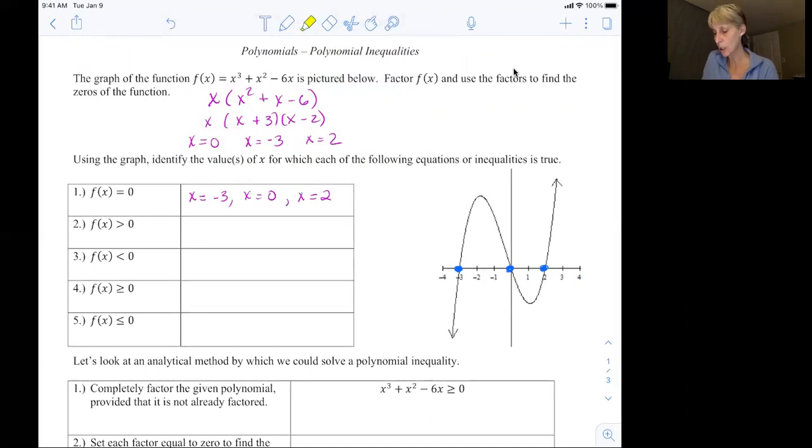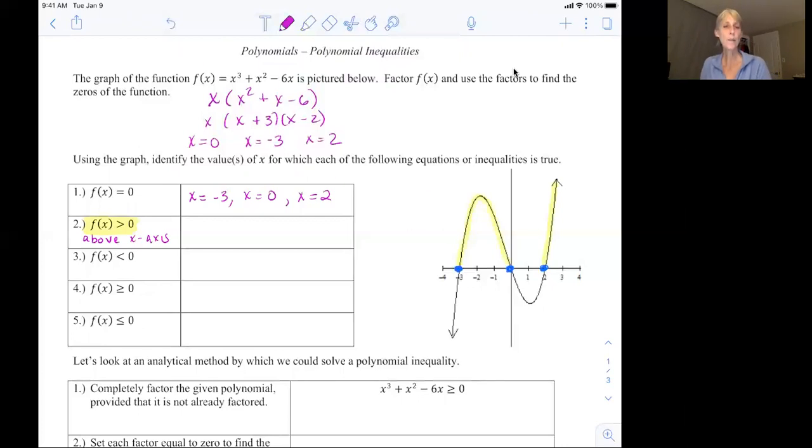Now I'm going to look at my picture and identify where the graph of f of x is greater than 0. Remember, that means where the graph is above the x-axis, or in the positive. If I look on my picture for where the graph is above, it's going to be there and there.